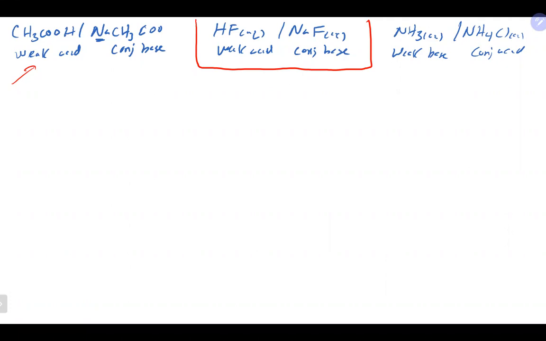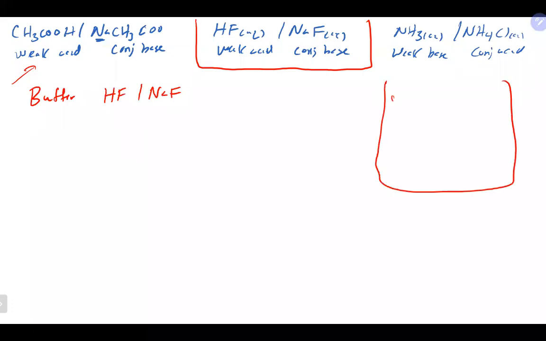And so basically what we have in solution when we start with this buffer of HF and sodium fluoride is this. Because HF is a weak acid, when it goes into solution, it's basically going to stay together, and it's going to create H plus and really F minus.